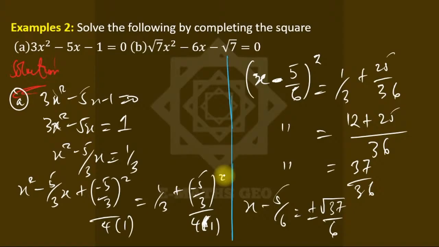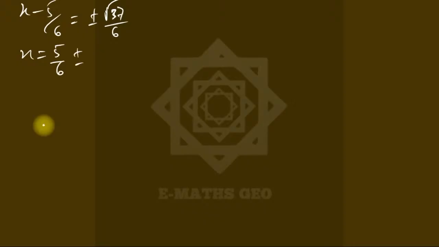So the next step is to move. I have x minus 5 over 6 equals plus or minus root 37 over 6. So we move minus 5 over 6 to be plus 5 over 6 plus or minus root 37 over 6.